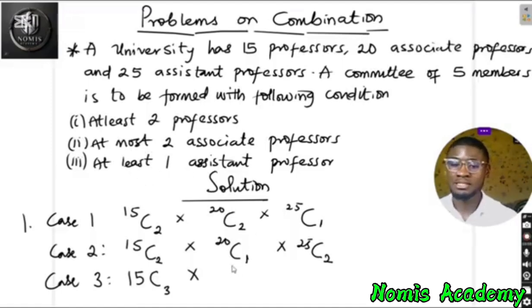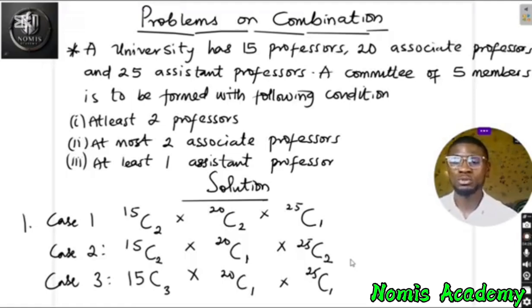The conditions are still met, so I can say 20 combination 1 multiplied by 25 combination 1. These are the 3 possible cases in the selection of the committee of 5 members.